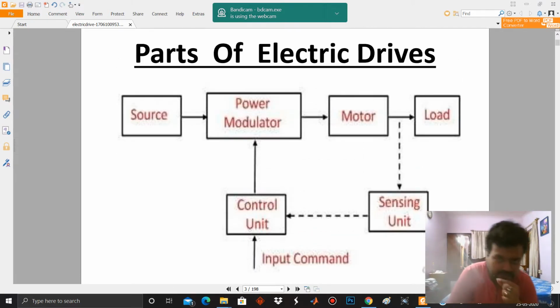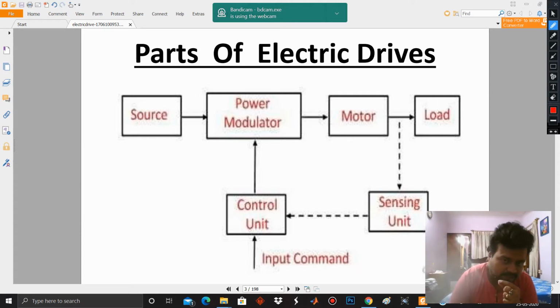These are the different components or parts of electric drives. Before going into this, let us first understand what is meant by an electric drive and what are the types of electric drives.